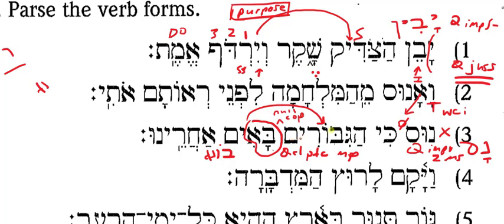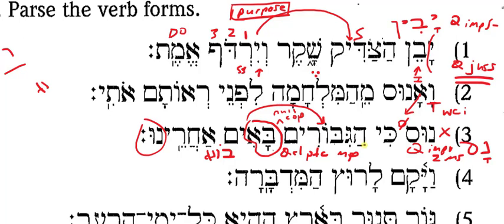Okay, good. So the warriors are coming. Acharenu, after us. After acharenu is us. So there's a lot of nu in here, right? Nous and nu. Yeah. That's right, Giborim Ba'im.